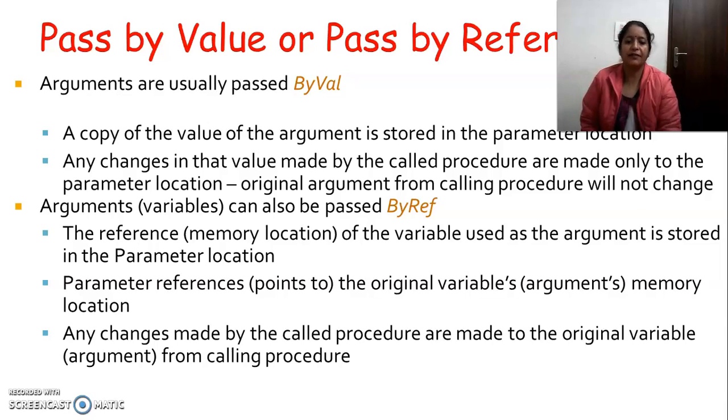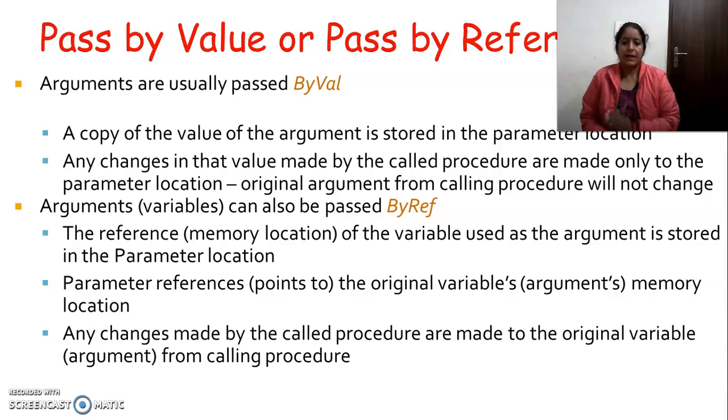Next one is by reference. When the variables or arguments are passed by reference, only the memory addresses of the variables are passed. This means that values passed can be modified by the subroutine and would have the new values after the subroutine exits and returns control to the calling program.